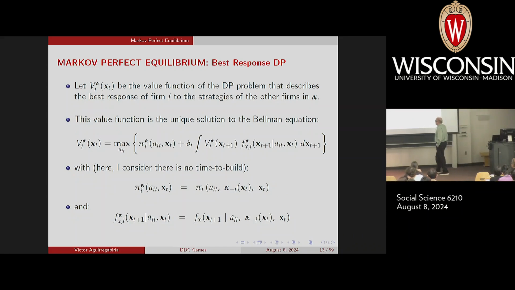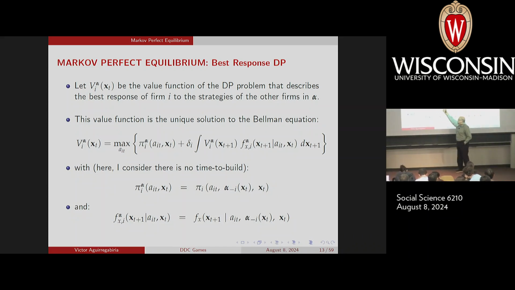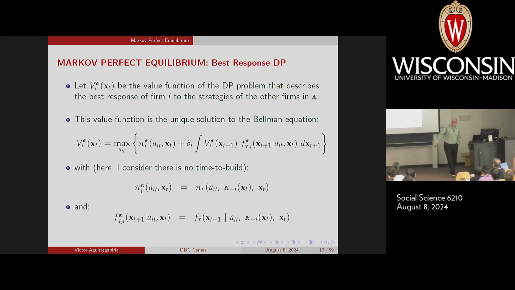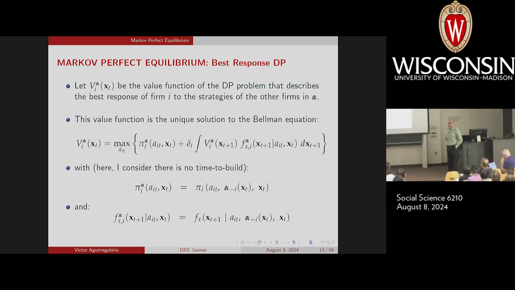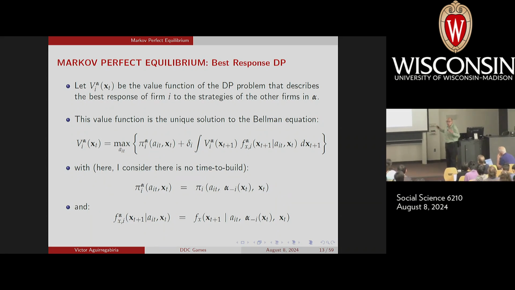And once I have this profit function and this transition probability of the state variables, what I have is just a single agent dynamic decision problem, okay? And the value function, V alpha, is the unique solution to this dynamic programming problem, okay?